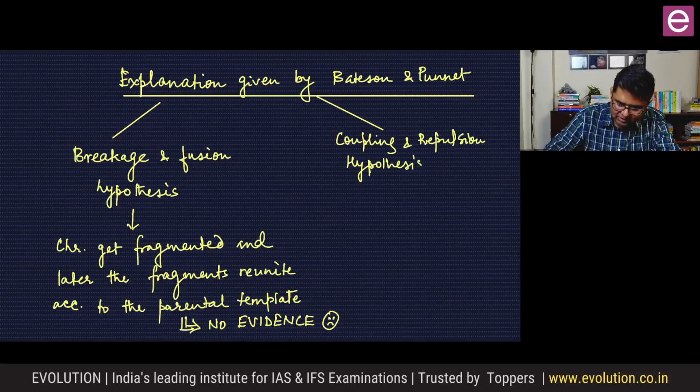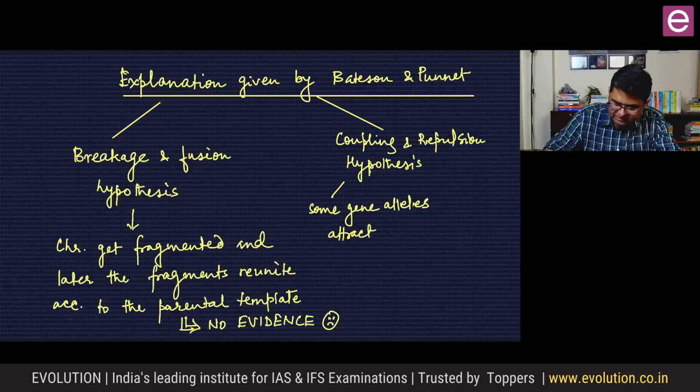So essentially what coupling and repulsion hypothesis said, that some gene alleles attract same type of alleles of other genes.